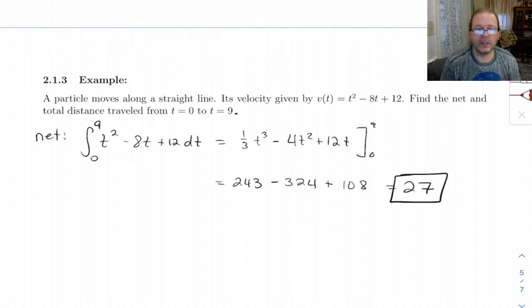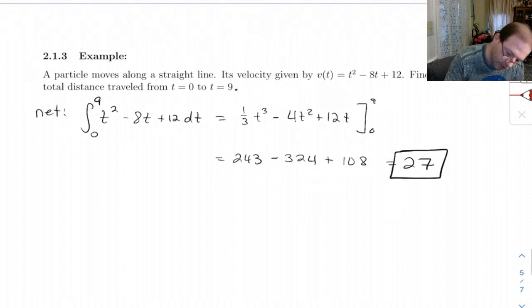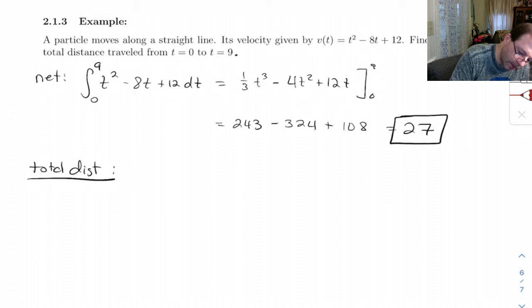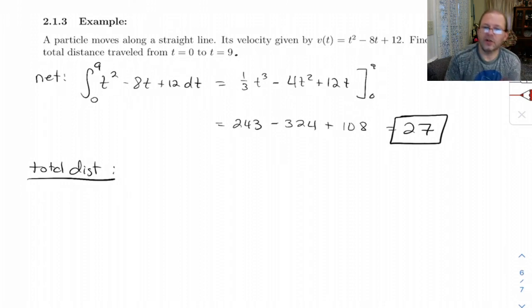That's it. Now, if we want the total distance traveled, there are two ways you can do this. They're equivalent to each other, but one's better for using a computer, one's better for doing it by hand.